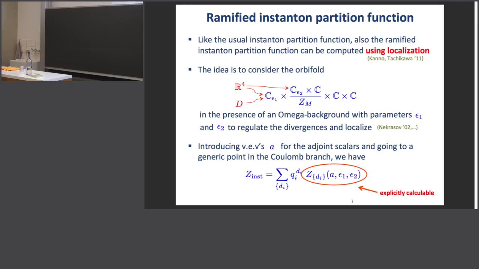Here, actually, the orbifold is also affecting two of the four dimensions of space-time. Actually, those which are transverse to the defect. But apart from this, it's a very systematic procedure, and you get, at the end of the day, an explicit result for this.